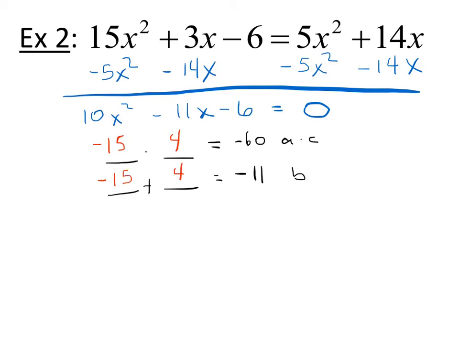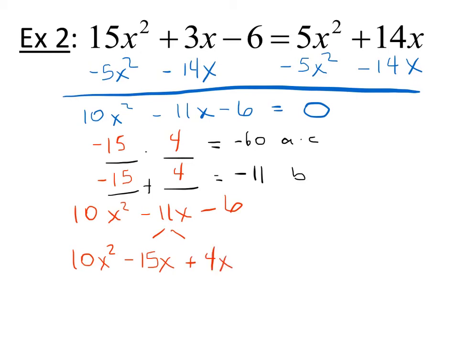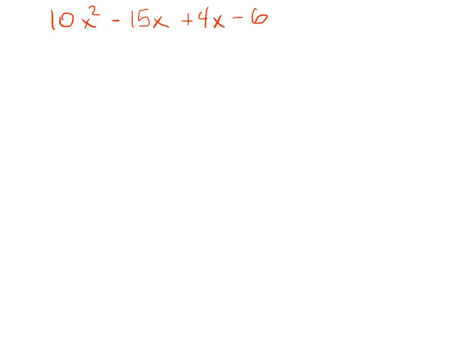Now I can rewrite the original trinomial, and I can break up the middle term using these two numbers as the two new middle terms. So the first stays the same, and then minus 15x plus 4x minus 6. Now we group.